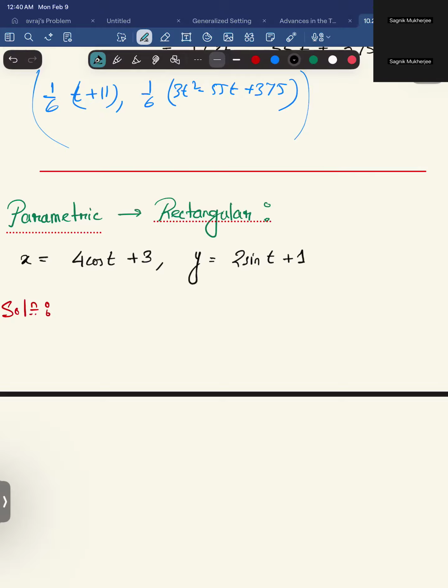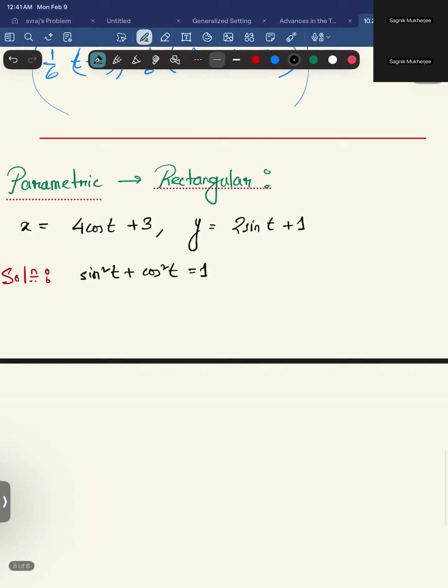So, whenever something like this comes, always remember the fact that sine squared t plus cosine squared t is 1. So what shall I do? Well, we have to write down an explicit relation between y in terms of x, right?